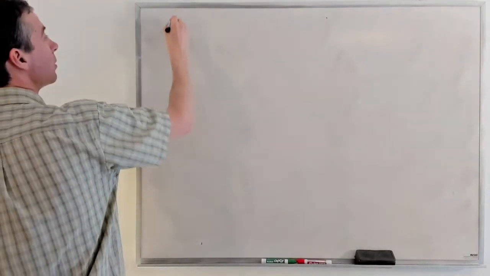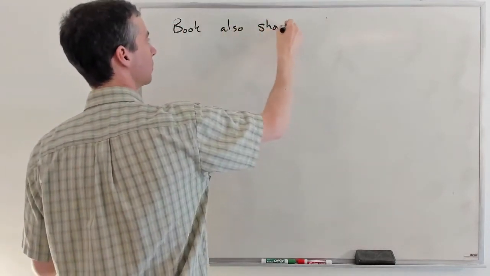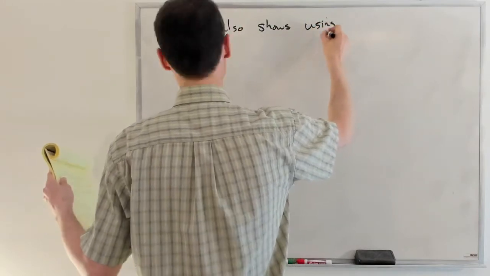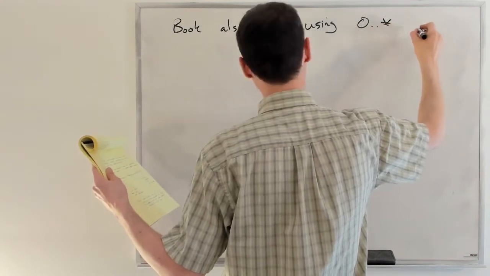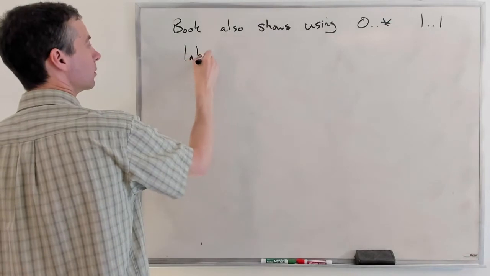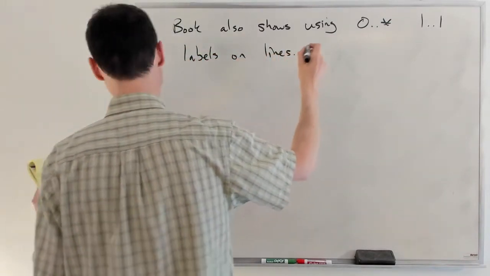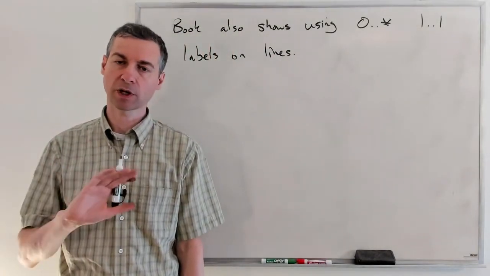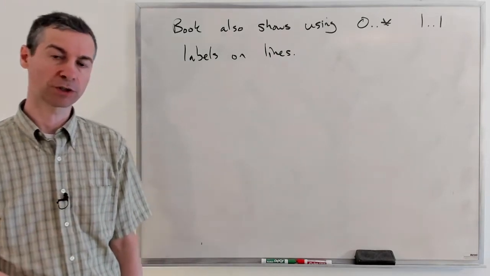I want to note that the book also talks about using labels like 0..star and 1..1 on lines. So this is another way of trying to denote both the cardinalities as well as total and partial participation.